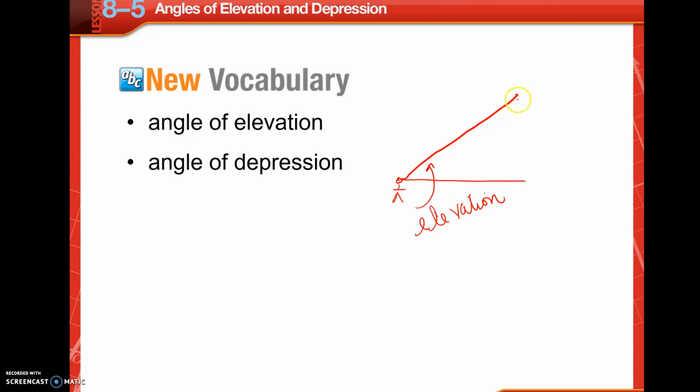If I am on top of something, looking down at this person or object, then the angle of depression would be the angle formed with that person looking straight out and down compared to down at me. So this here is your angle of depression.